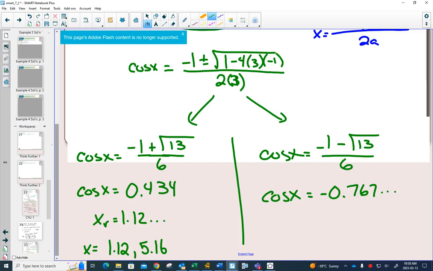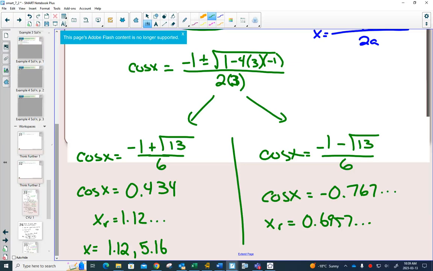We do the same thing over here. We have to find a reference angle, so we go cos inverse of the positive answer there. We get 0.6957, and cos is negative this time, so it's going to be in quadrant 2 and quadrant 3.